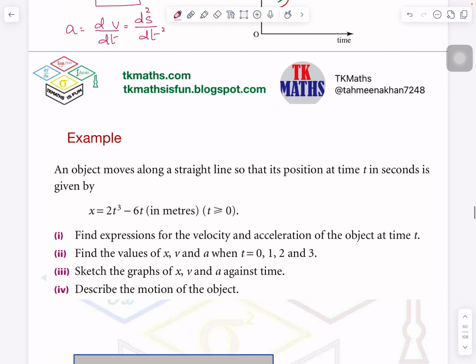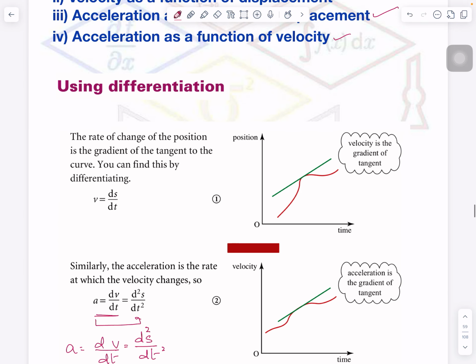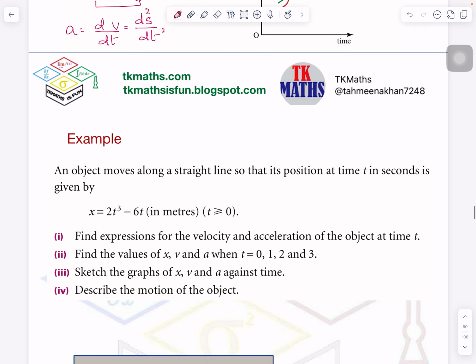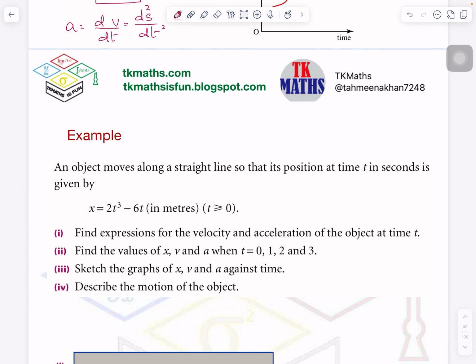Now let's see this example. Right now I'm talking about with respect to differentiation. So if velocity equation is given and you have to find acceleration equation, then you will differentiate it. Or if displacement is given, you have to find velocity, you will differentiate. So this example is only related to this aspect.